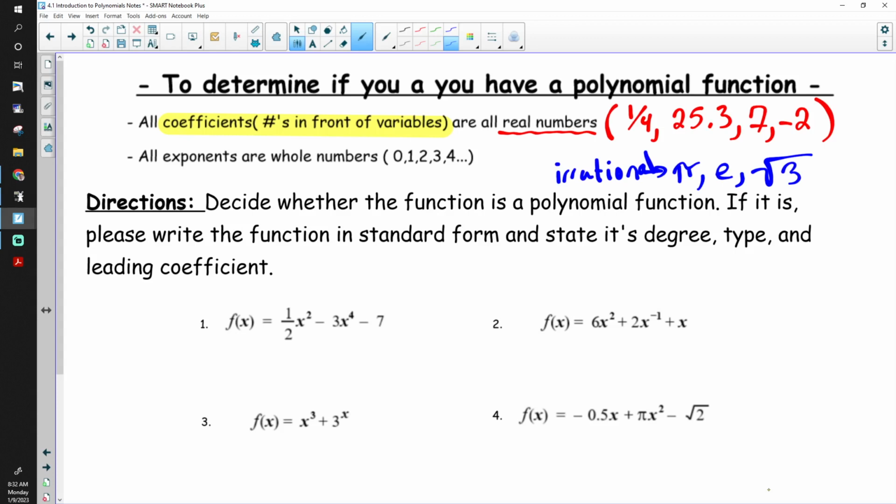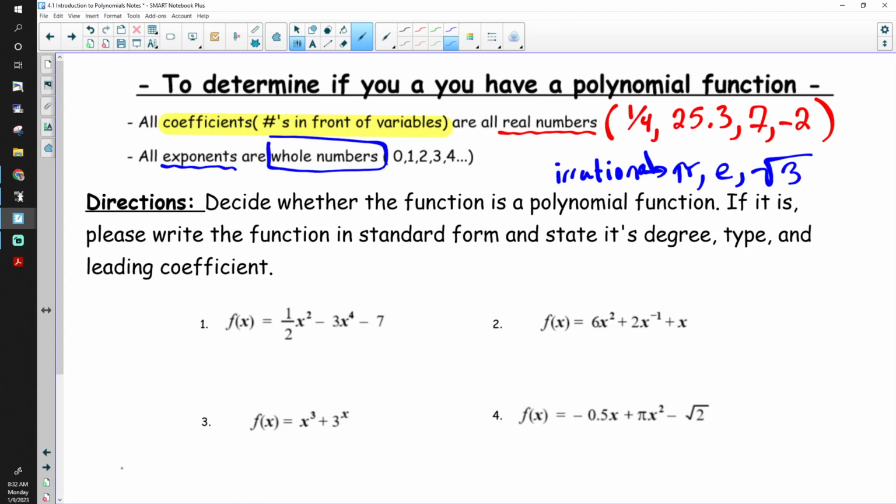Second, all of the exponents must be whole numbers, okay? Whole numbers are numbers that are 0 or bigger, not negative. The whole numbers are your counting numbers, the numbers you'd count by: 1, 2, 3, 4, 5, 6, 7, 8.